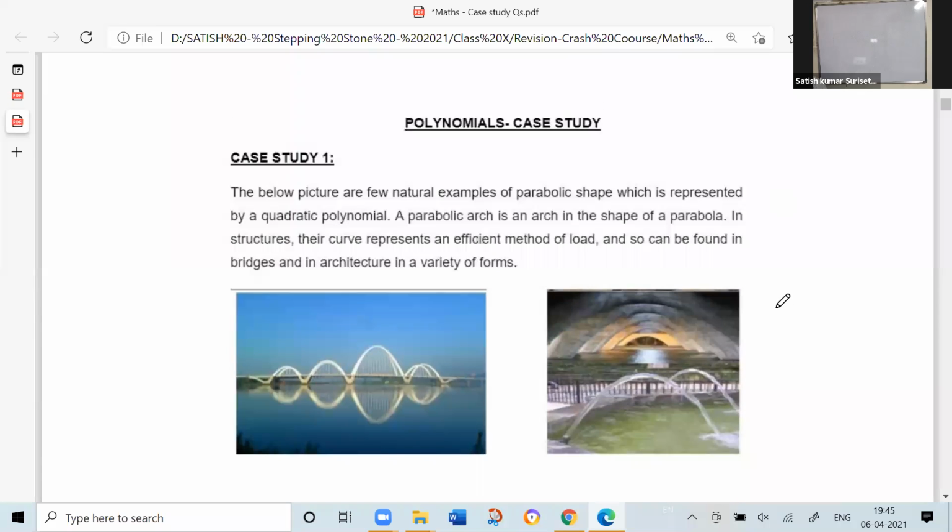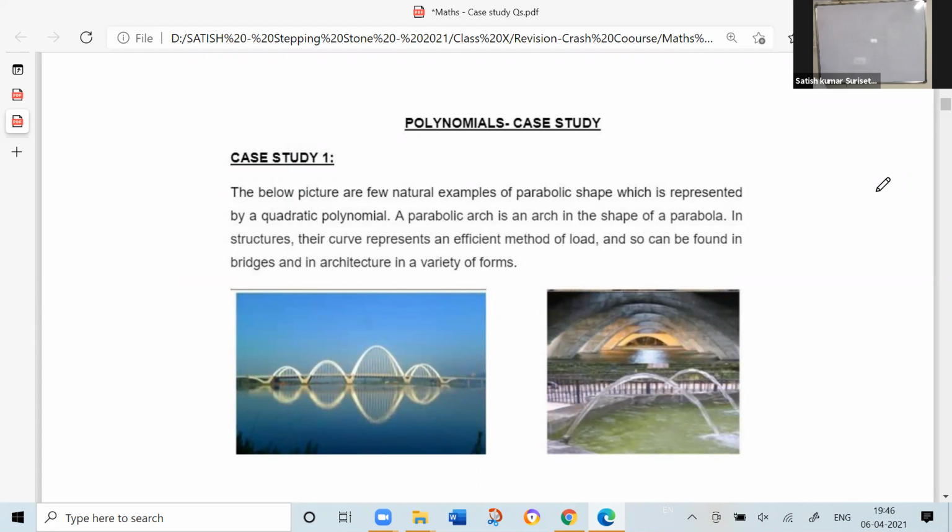Now, go through the question. The below pictures are a few natural examples of parabolic shape, which is represented by a quadratic polynomial. A parabolic arc is an arc in the shape of a parabola.